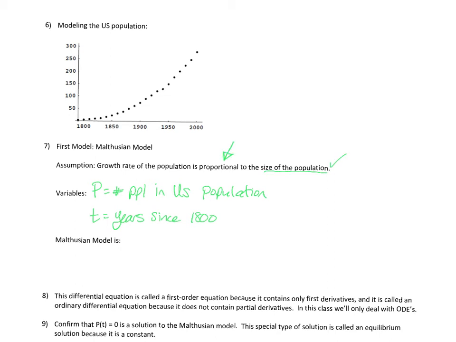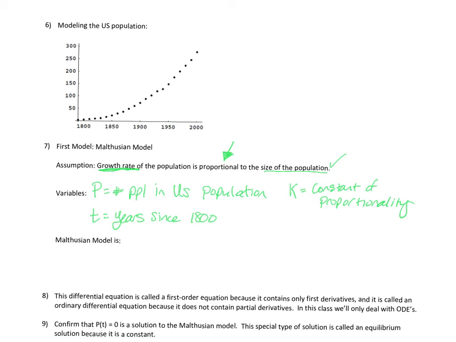Proportional, whenever we have something proportional, we have a constant of proportionality. So let's call that K. Of proportionality. And then growth rate of the population, that is the derivative of the population size. That would be dP/dt.